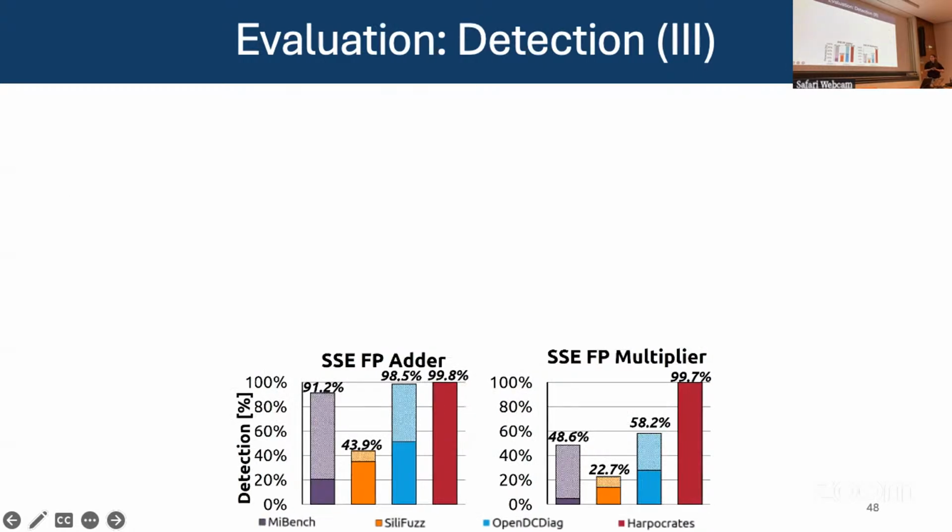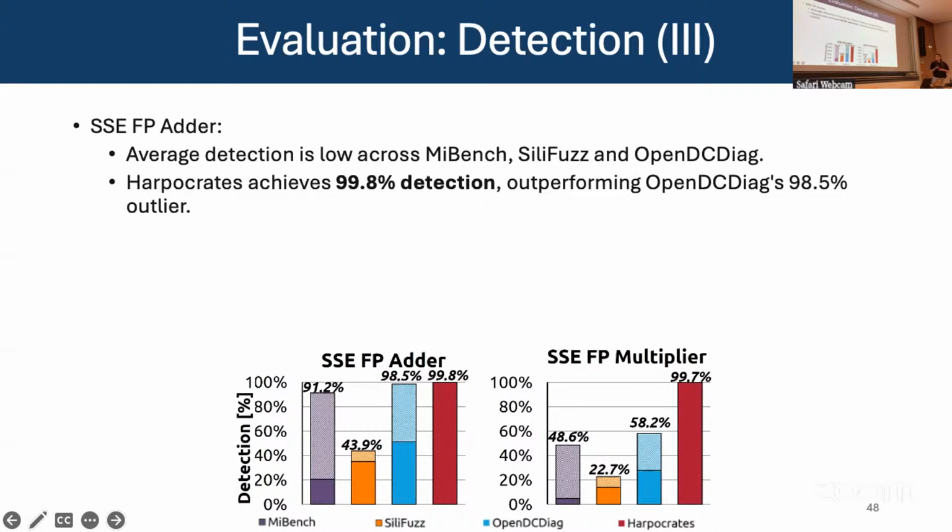And finally, we have the SSE floating point adder and multiplier. For the adder, the average detection is pretty low across non-Harpocrates frameworks, and Harpocrates achieves 99.8% detection, and it outperforms the OpenDCDIAG outlier that peaks at 98.5%.